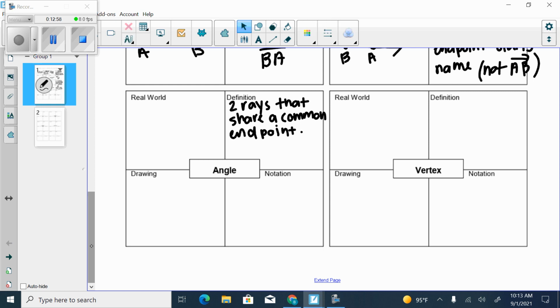We call that endpoint a vertex. Okay, so if I was going to draw a picture of an angle, we have this common endpoint that we call a vertex, and it has two rays coming off of it. So there's one ray, here's another ray.